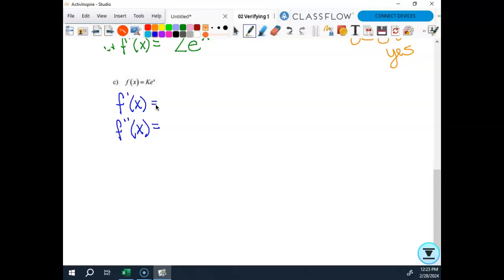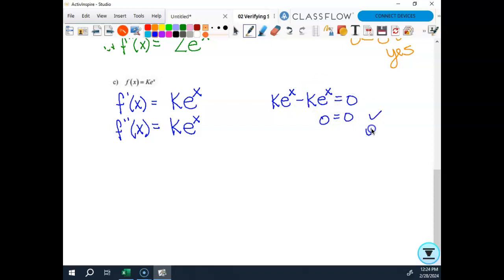A constant, just a number. So what's your first derivative? K e to the x. So what's your second derivative? K e to the x. Third, same. Fourth, fifth, sixth. The 100th derivative, same thing, right? So k e to the x minus k e to the x equals 0. 0 equals 0. The answer is yes.